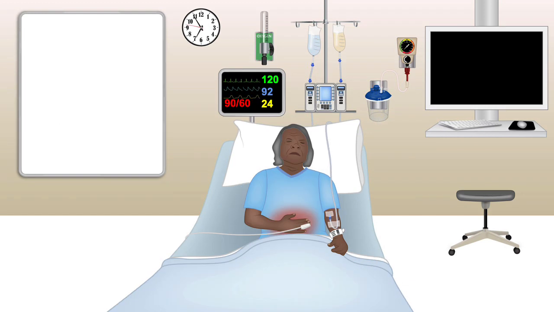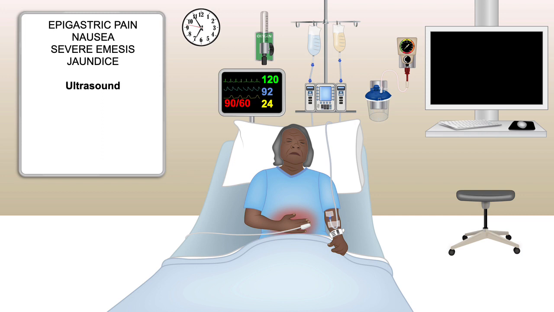So let us look at something else. So here is a woman with pain in the abdomen, severe pain, nausea, lots of vomitings, and there's a little bit of jaundice. And when you do an ultrasound it shows gallstones, and the bile duct is dilated, and the intrahepatic ducts are dilated.